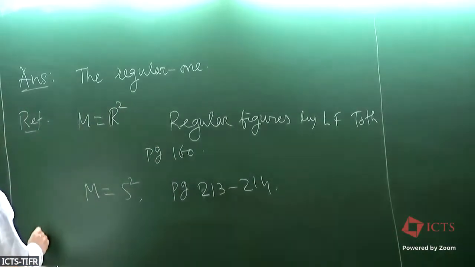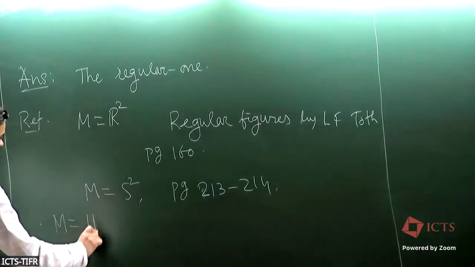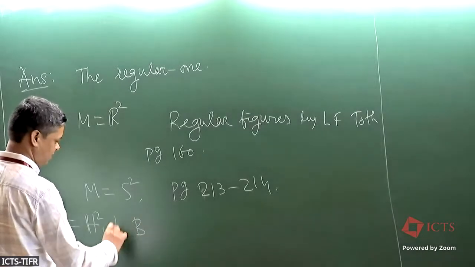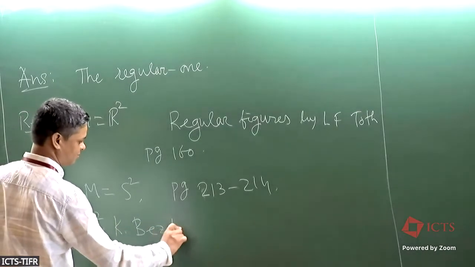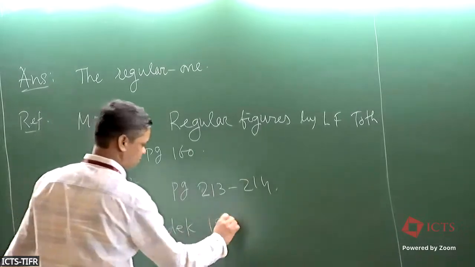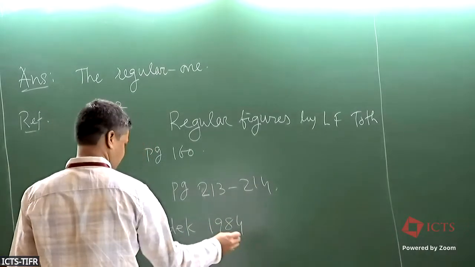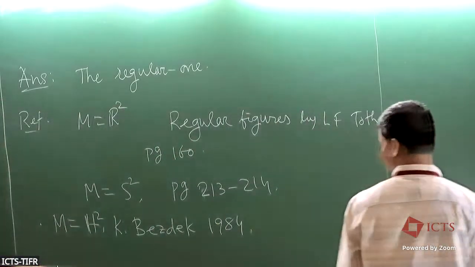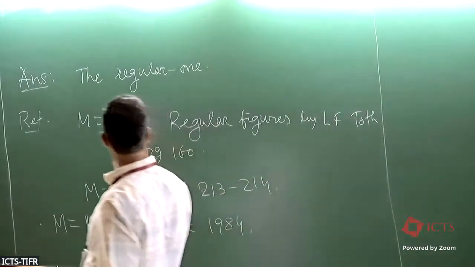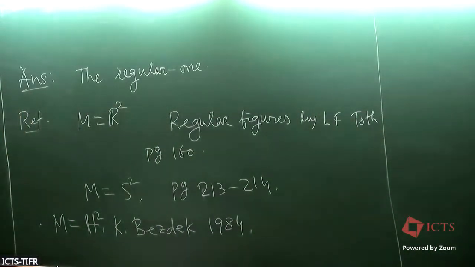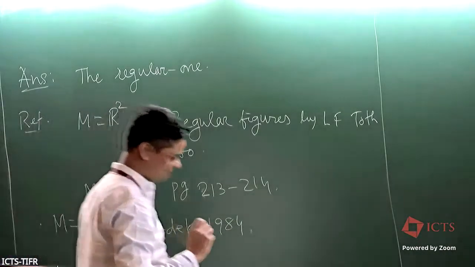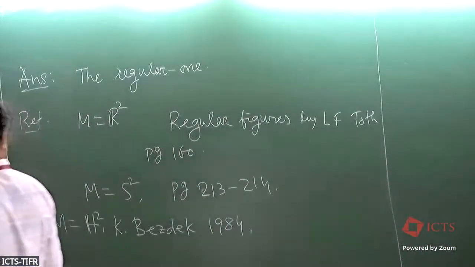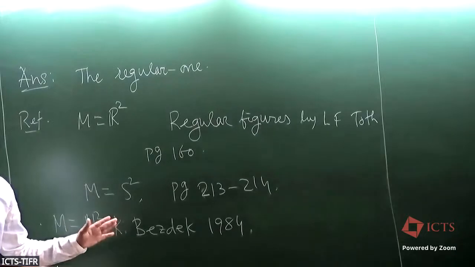And for M equal to the hyperbolic plane, Károly Bezdek, 84. Basically, Bezdek gave a proof on R2 and stated that the same strategy will work for spherical and hyperbolic geometry also.